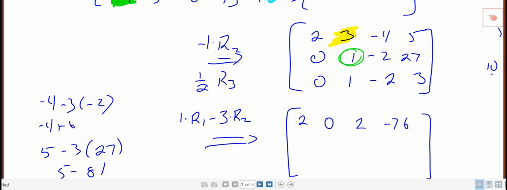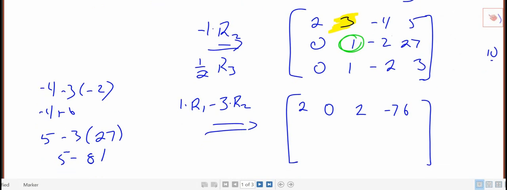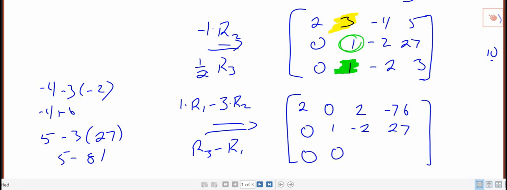Right now, for the bottom row, I need a 0 here. So I'm going to take row 3 minus row 1, and I'm leaving this row alone. So row 3 minus row 1, I'm going to get 0.